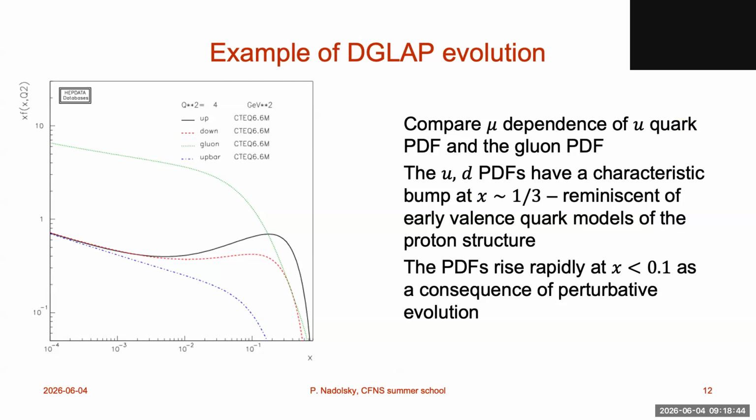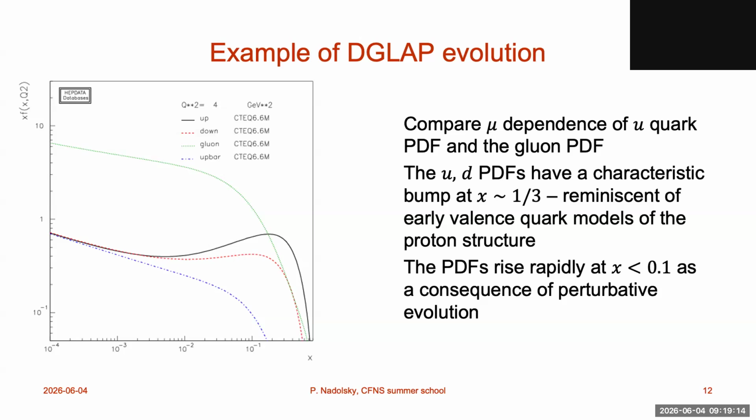And let me quickly show how this evolution behaves. First of all, these are the typical shapes of the PDFs that you will encounter in essentially any analysis of PDFs. So let's compare here PDFs for up and down quarks, which are given by the black and red lines, and the PDFs for the gluon and strange quark.